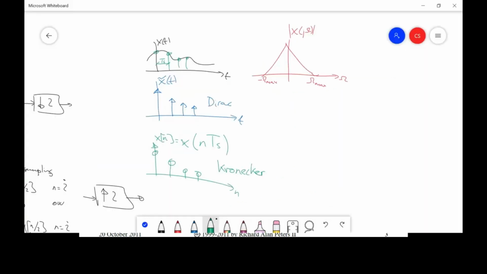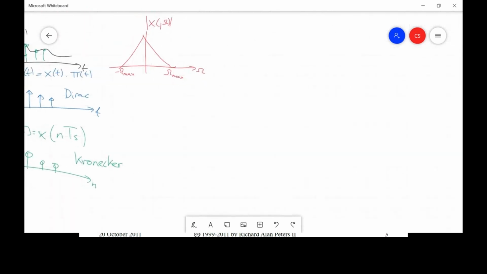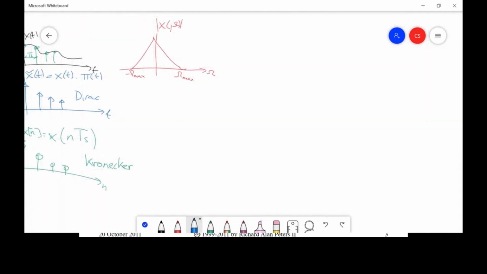Okay, so what was the model of x tilde of t? This was x of t multiplied by a train of deltas, a train of deltas that are separated by Ts, running from minus infinity to plus infinity on both sides.